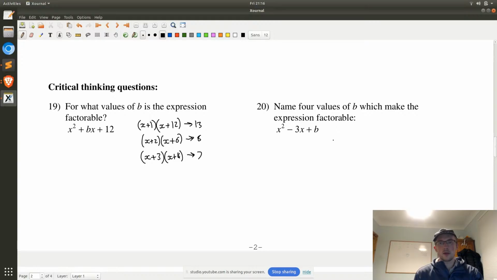Name 4 values of b which make the expression factorable. So like x add a times x, no. It's positive on the end. But they haven't said anything about b, the b has to be positive.